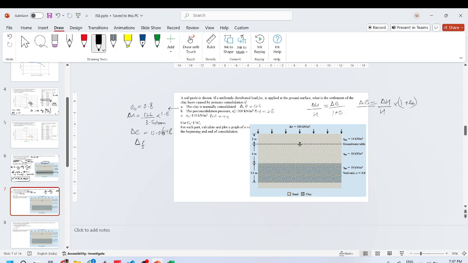EF is E naught minus delta E, which will be 0.73. Similarly, we can calculate for this case and this case.